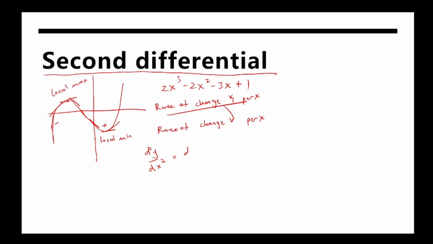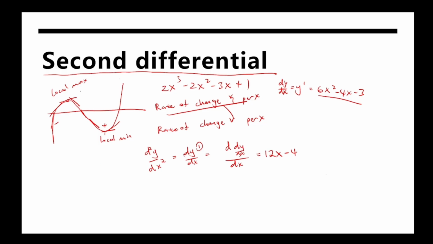So we just do (dy/dx) prime, which also means d/dx of dy/dx, and we apply the power rule again. So dy/dx, also called y prime, is 6x squared minus 4x minus 3, power rule. Now the differential of this, we apply the power rule again. We'll get 12x minus 4.